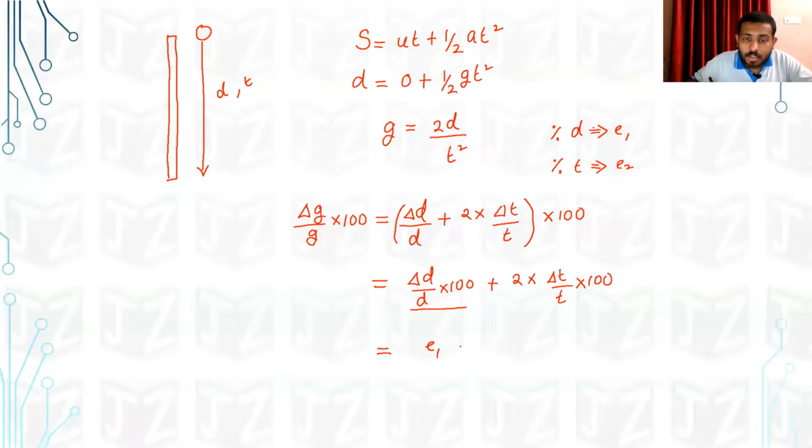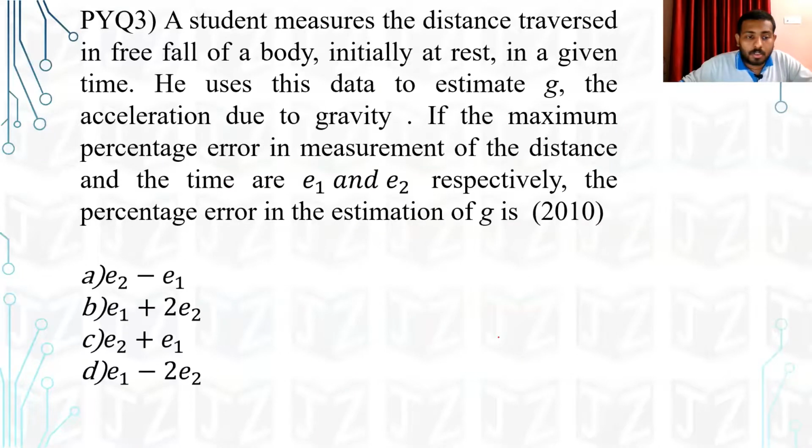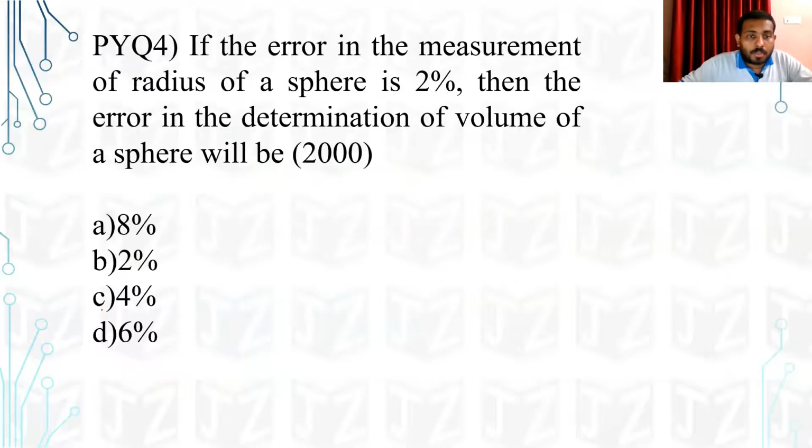Therefore E1 plus 2 into E2. So delta g by g into 100, or the percentage error in g, is equal to E1 plus 2E2. So let's check the options. E1 plus 2E2, so option B is the correct answer. So let's go to the next question.